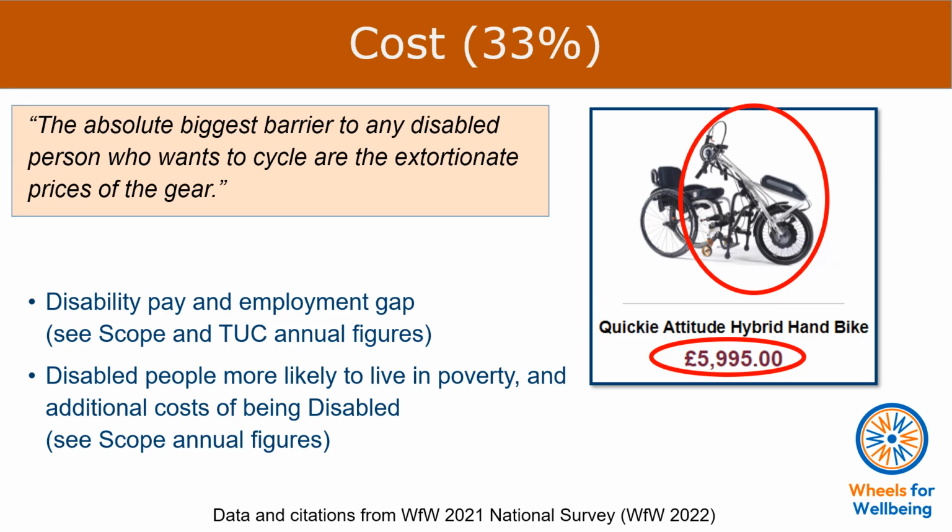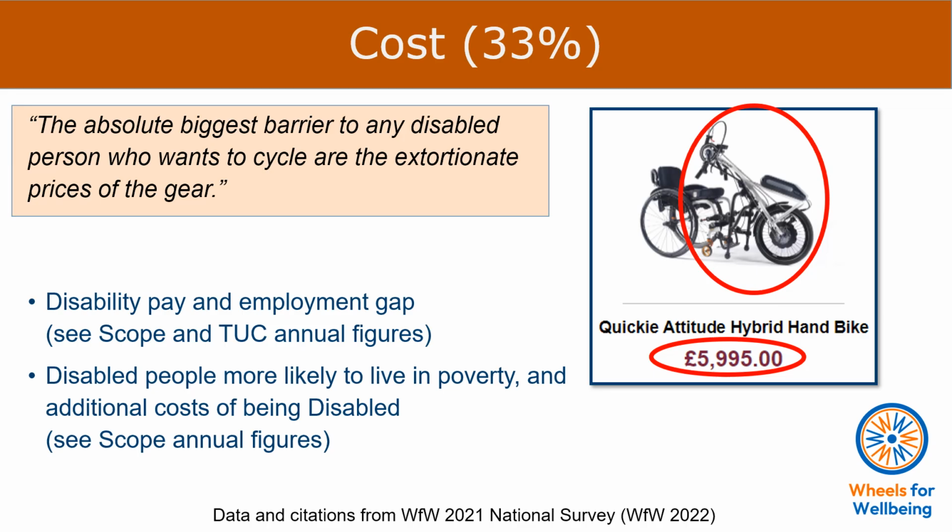And again, Scope publishes annual figures on the disability price tag. So cost then is a real barrier. The people who have least access to income, so disabled people, face the highest financial cost to cycling. So this is a really significant barrier.